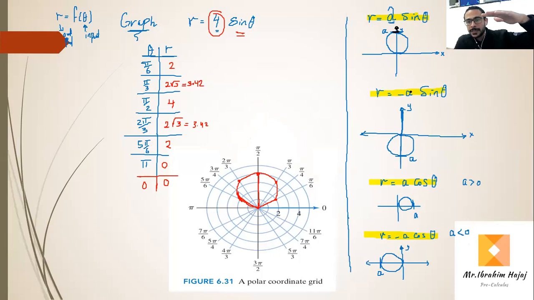When A is negative, we plot it below the x-axis. When it's a cosine, it's to the right of the y-axis; when it's a negative A cosine, it's to the left of the y-axis. That's simple and easy.